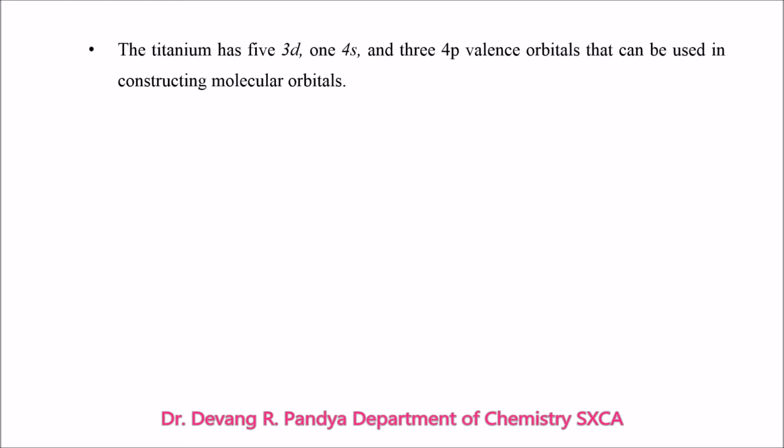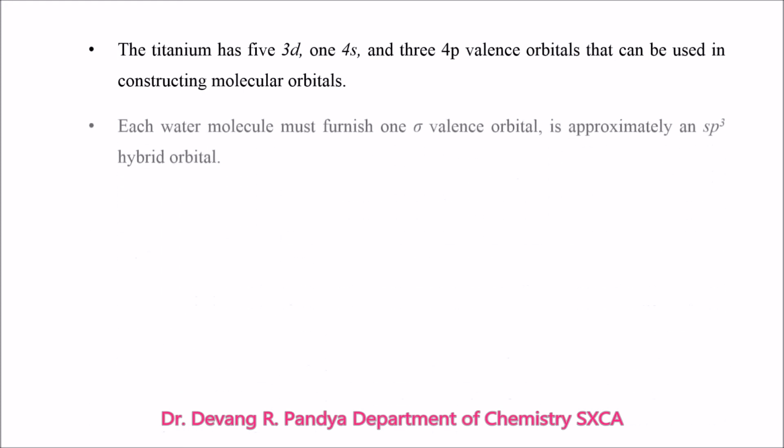Already we have studied in our first lecture, probably second lecture, that we need to find out the valence orbitals of the central metal ion, and we need to assign proper irreducible Mulliken terms to these valence orbitals. So titanium contains 5 d, 1 s and 3 p valence orbitals that can be used in constructing molecular orbitals.